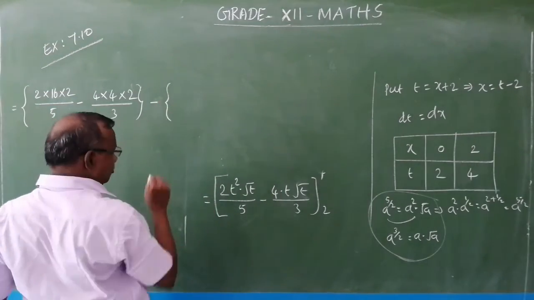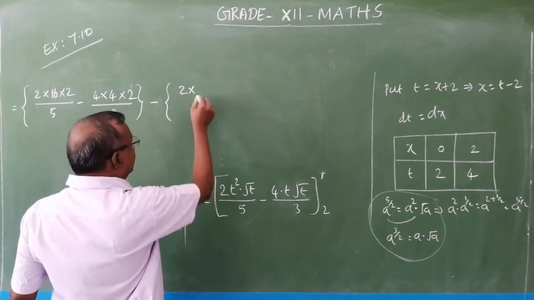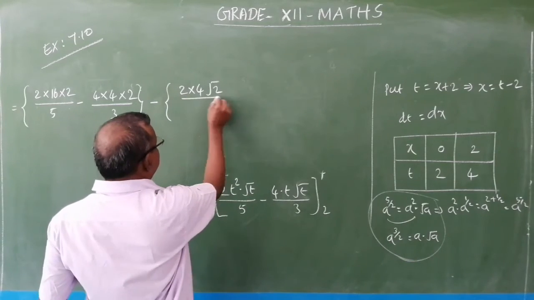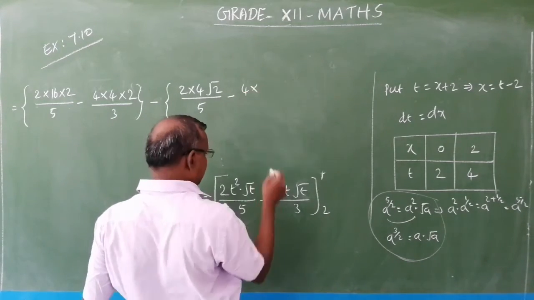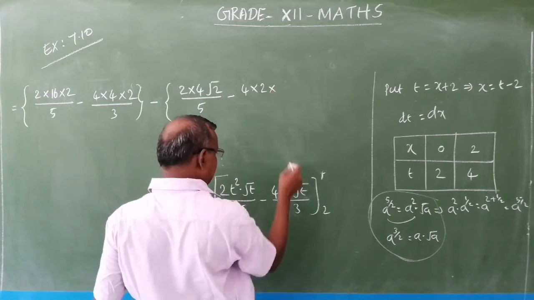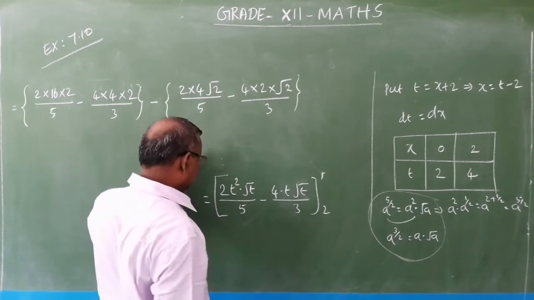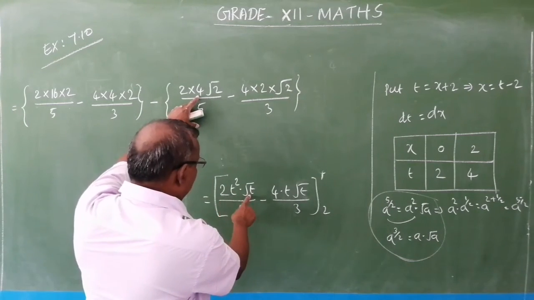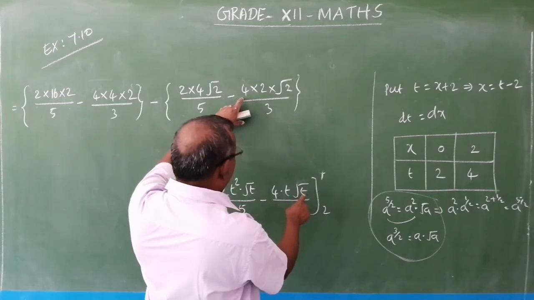Minus the lower limit: 2 into 2 square into root 2, divided by 5, minus 4 into 2 into root 2 divided by 3. So, 2 square is 4, so 2 into 4 into root 2 divided by 5, minus 4 into 2 into root 2 divided by 3.